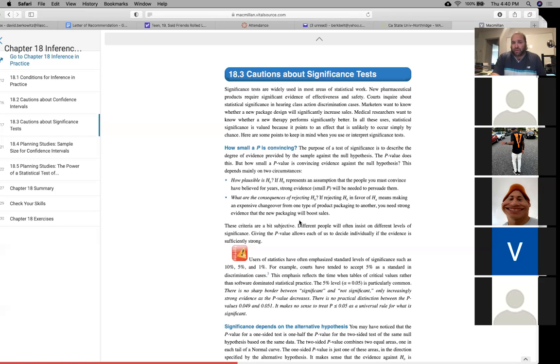The other question is, what are the consequences of rejecting the null hypothesis? Sometimes, if you reject the null hypothesis in favor of something else, you might have to recalibrate equipment, retrain your staff, hire more people, do this, do that. The consequences of being wrong can be so significant that we again want to make sure that we don't make an error.